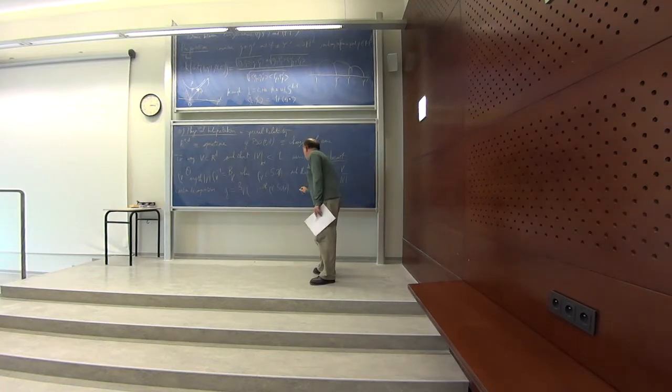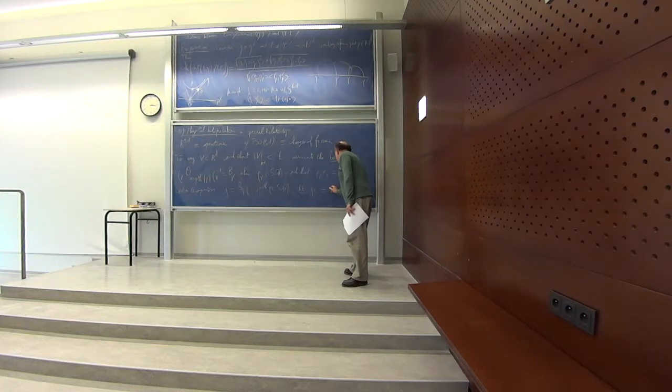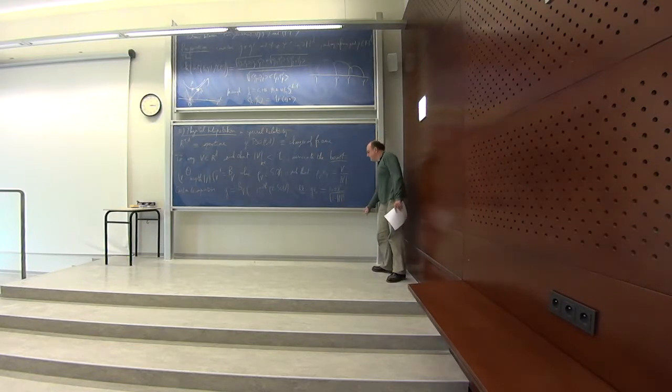And remark, it is very easily computed that G E naught, the first canonical basis vector, is simply E naught plus V divided by 1 minus square norm of V.